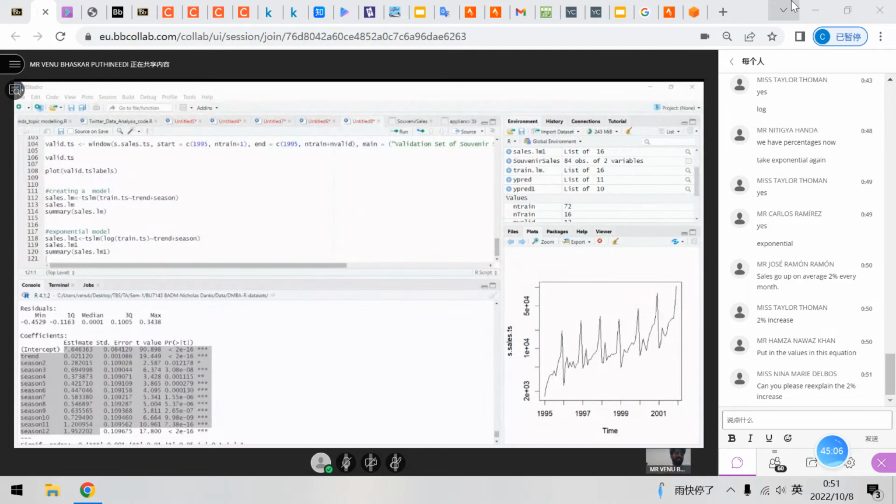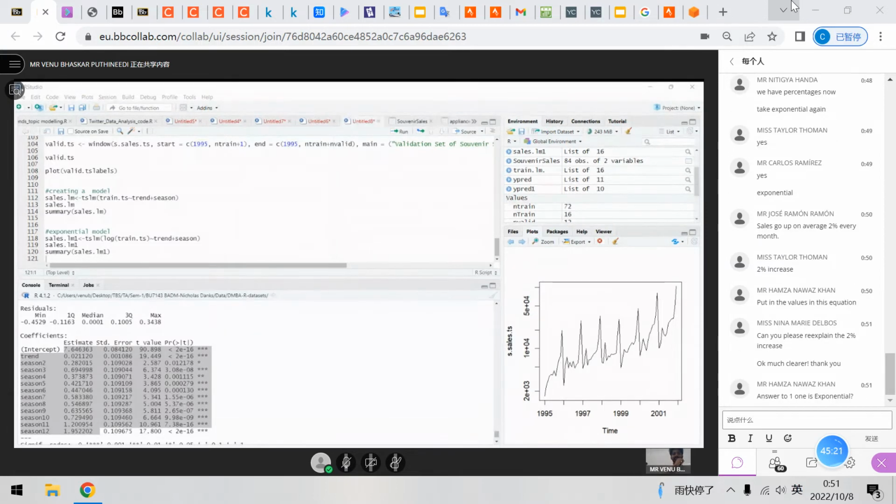So there is an increase of 2% in sales every month with respect to this data. 2% signifies the increase in the sales value every month. Is that all right? Yeah, answer to the first question is exponential.